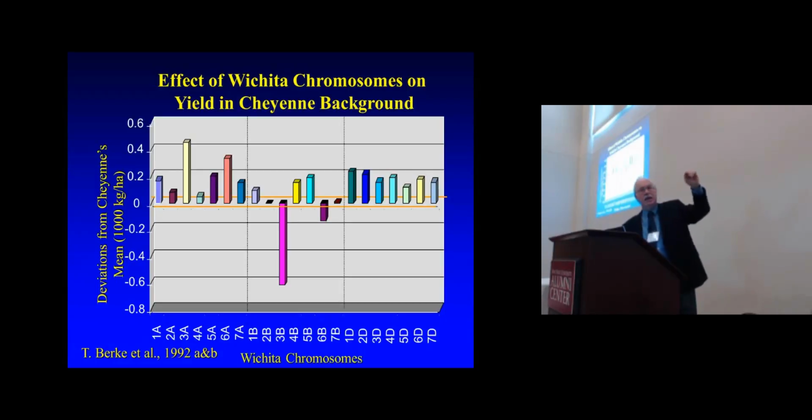And then when you take one Cheyenne chromosome out and replace it with a Wichita chromosome, what does it do to yield? What you'll see is chromosome 6A from Wichita greatly improves Cheyenne's yield. 3B from Wichita greatly decreases Cheyenne's yield.